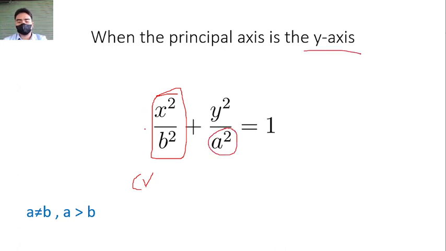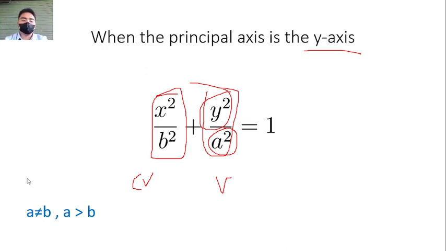Therefore, our major axis is the y-intercept. So the vertices lie on the major axis, and the major axis is our principal axis. So we could find it in our y-intercept. That's why letter A is within the y squared.